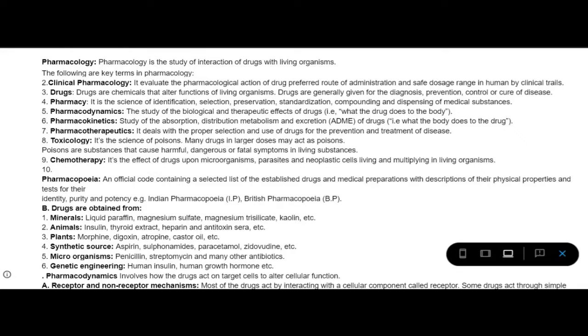Pharmacodynamics. What's pharmacodynamics? This is the study of the biological and therapeutic effects of drugs. That is to say, what the drug does to the body. This is simply the effects of a drug on the body. For example, when someone takes paracetamol, what do we expect?